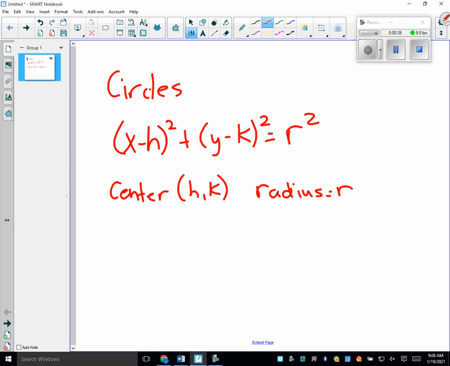So the first thing I'm going to do is give you an equation, and you're going to tell me the center and the radius.